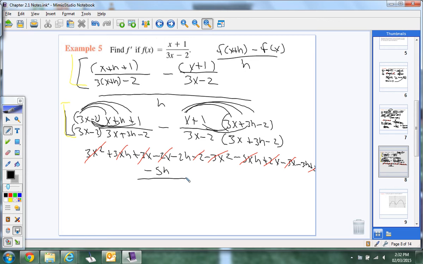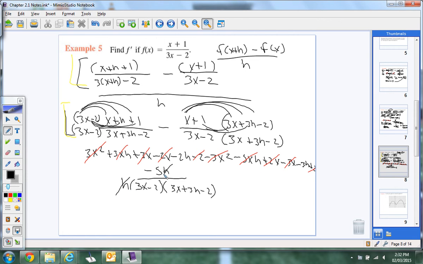All of that's still over these guys. 3x minus 2 times 3x plus 3h minus 2. But if this is all over h, where's that h really at in this fraction? The bottom, yeah, it's just right here. So we can just slide that up real quick using our fraction skills.